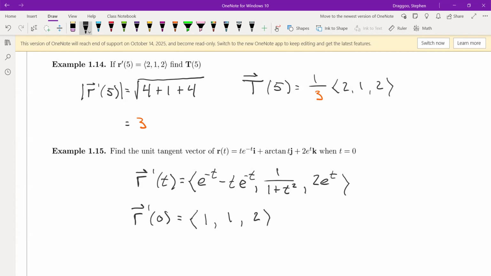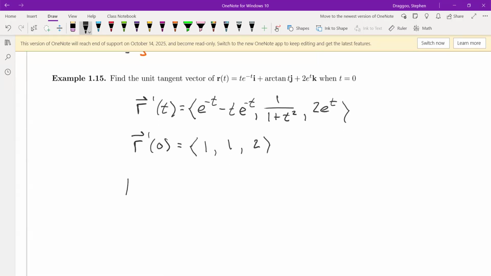Now that we've got our tangent vector, I'll go get its magnitude. The magnitude of r prime of 0 is the square root of 1 plus 1 plus 4, or root 6.